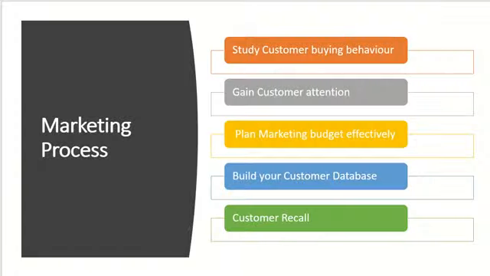So don't spend much on outbound marketing like TV ads, telemarketing, trade shows, etc. You can spend more on inbound marketing like social media, blogging, content marketing. This actually empowers customers and they come to you.